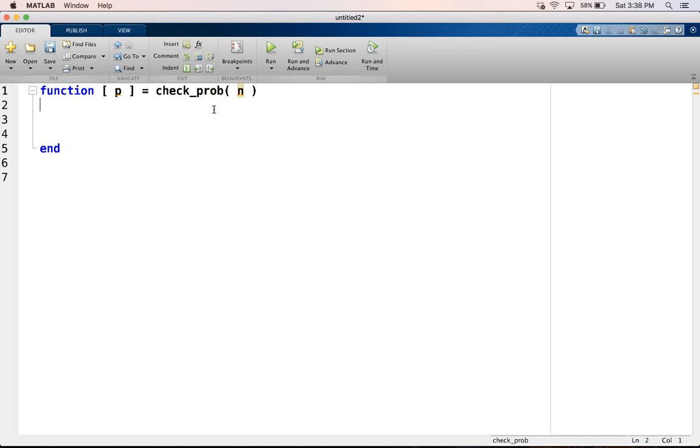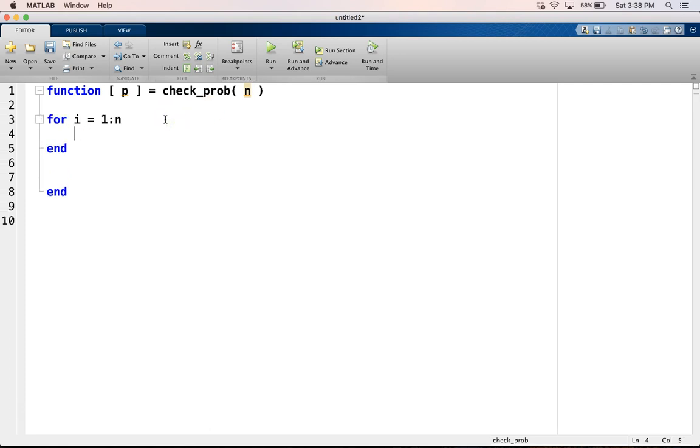So that's a good sign that I want to use a for loop. So for i from 1 up to n. And then what do I want to do? I want to make a vector that is random integers from 1 to 3, just like before, and 5 total random integers. And then I want to know, is this vector v sorted?